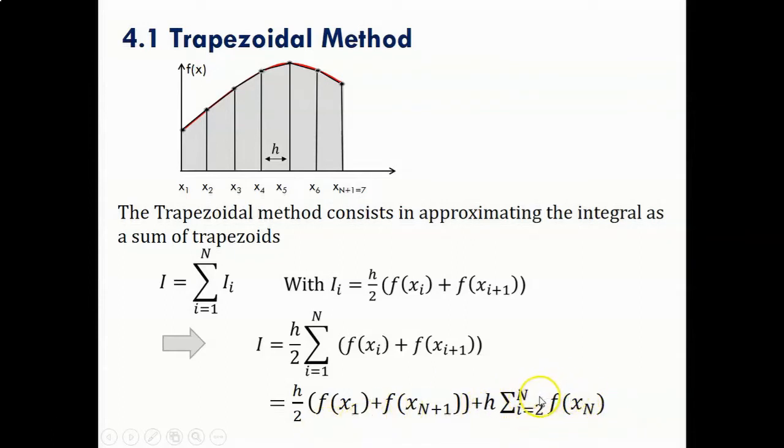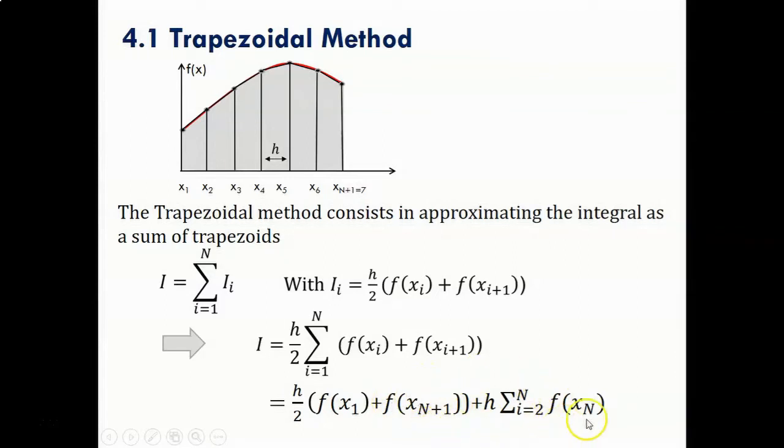For the right corner approximation, we had this sum plus f of xn plus 1. Here, you take the mean value of f of x1 and f of xn plus 1, so half of f of x1 plus f of xn plus 1.